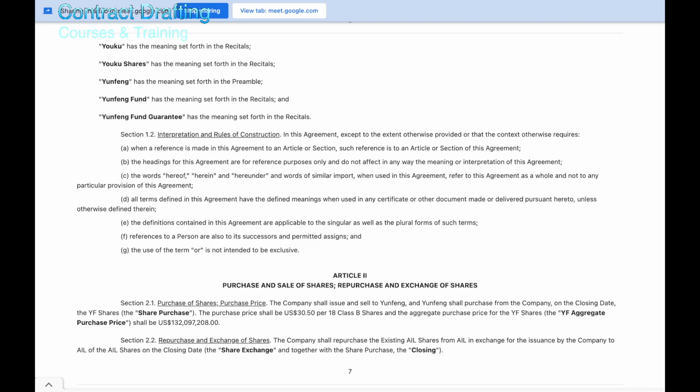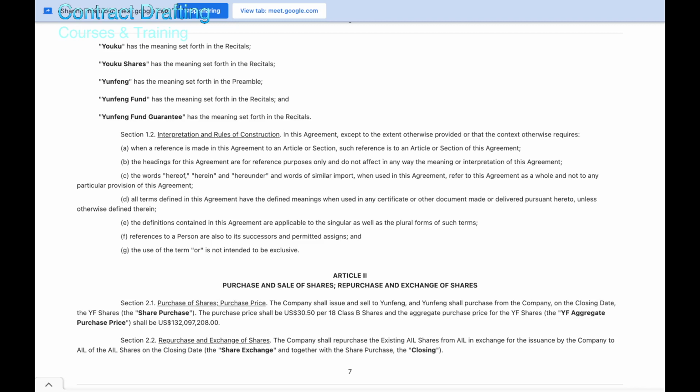All terms defined in this agreement have the defined meanings when used in any certificate or other document made or delivered pursuant hereto, unless otherwise defined therein. So that means a defined term used in this agreement has a meaning, which will apply in any certificate or document issued or delivered under this agreement, unless that particular definition in the document is different.